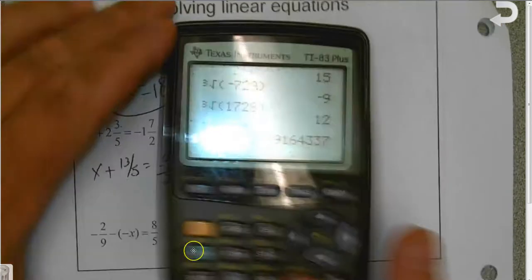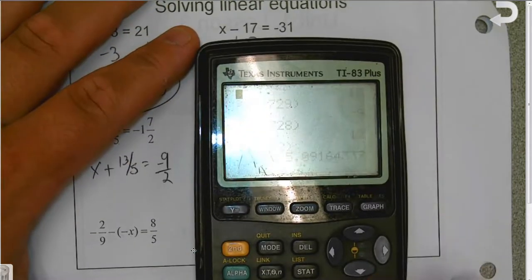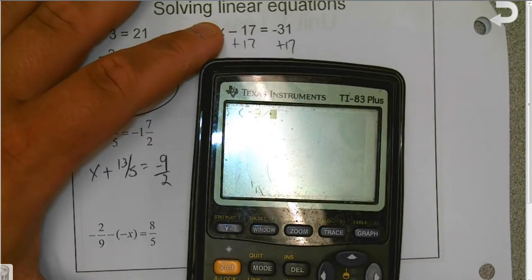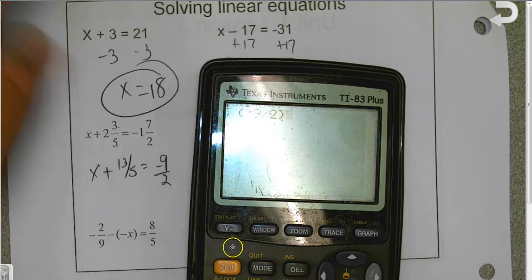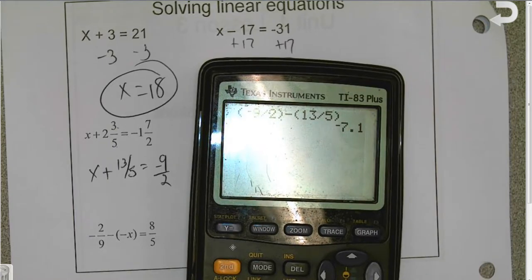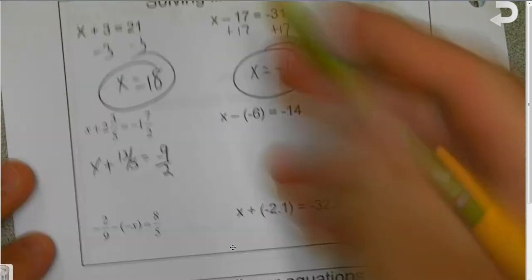In my calculator, I'm going to come back and do negative 9 divided by 2, parentheses, minus 13 divided by 5, enter. I get negative 7.1. I hit math, enter. I get negative 71 over 10.